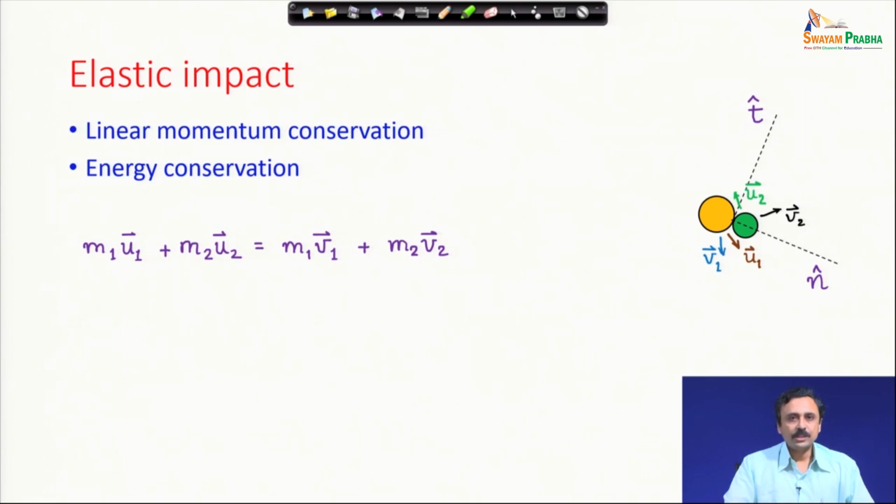Linear momentum conservation: the total linear momentum of the system of these two particles before the collision is equal to the total linear momentum of these two particles after the collision, after the impact. m1 u1 vector plus m2 u2 vector must be equal to m1 v1 vector plus m2 v2 vector. This is linear momentum conservation.